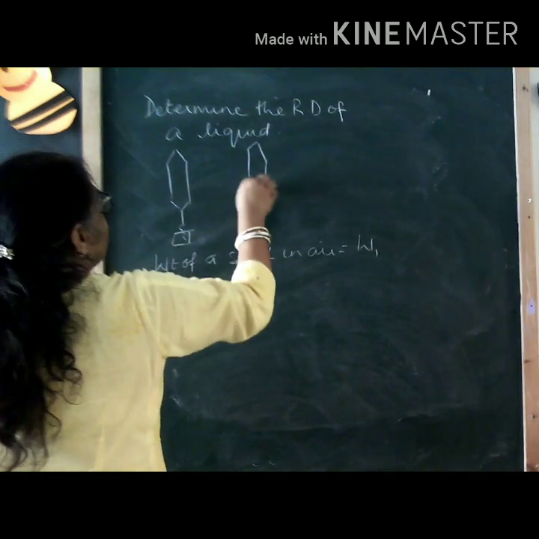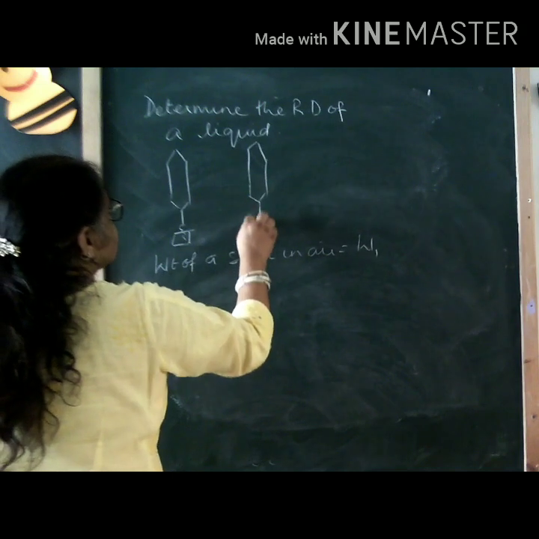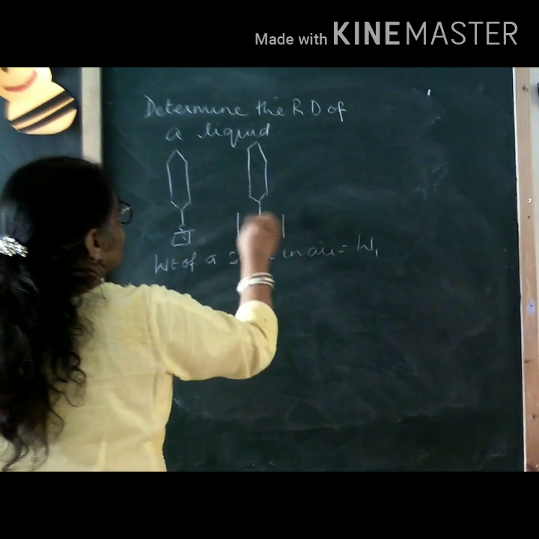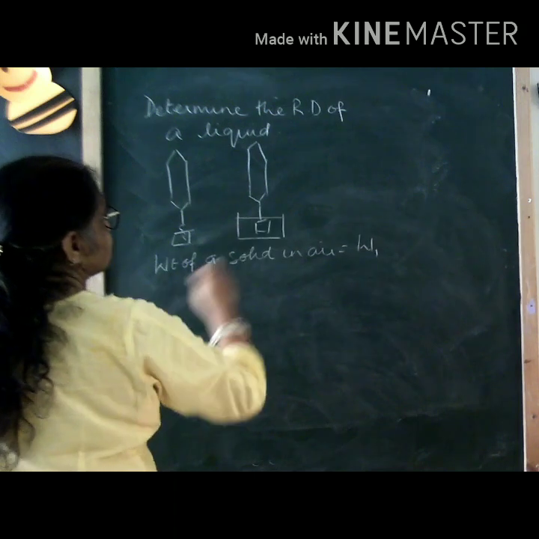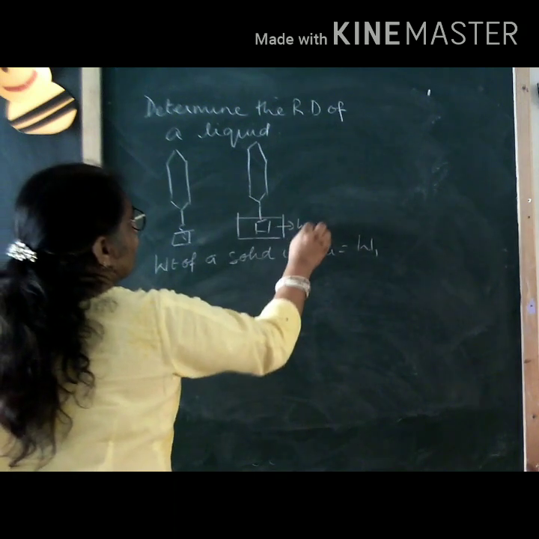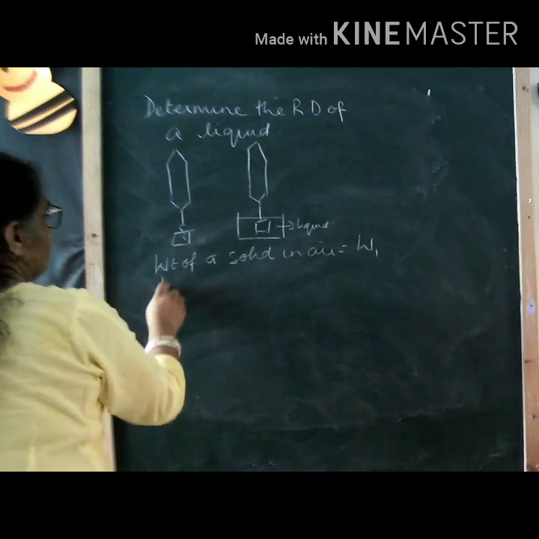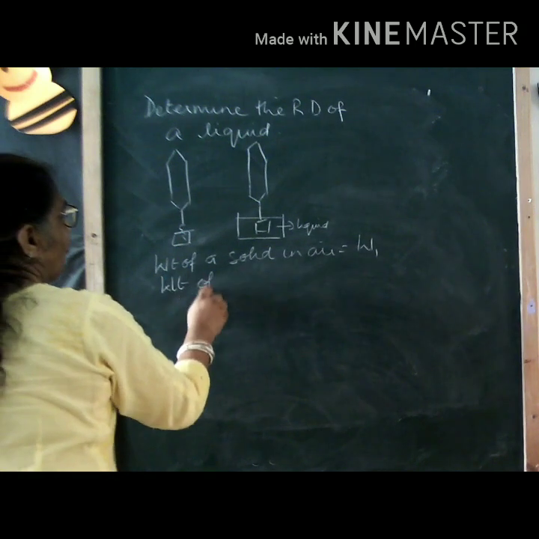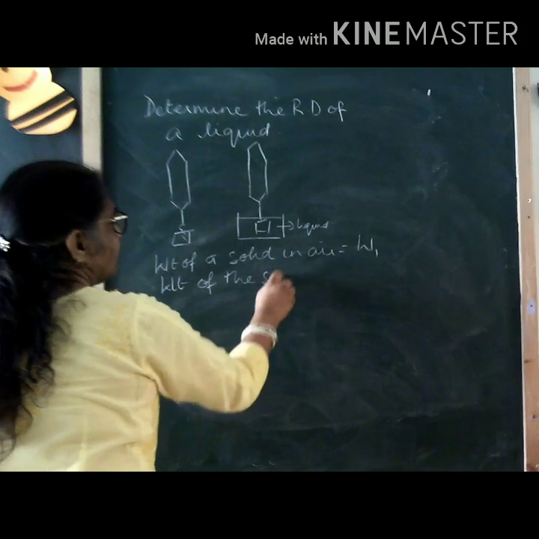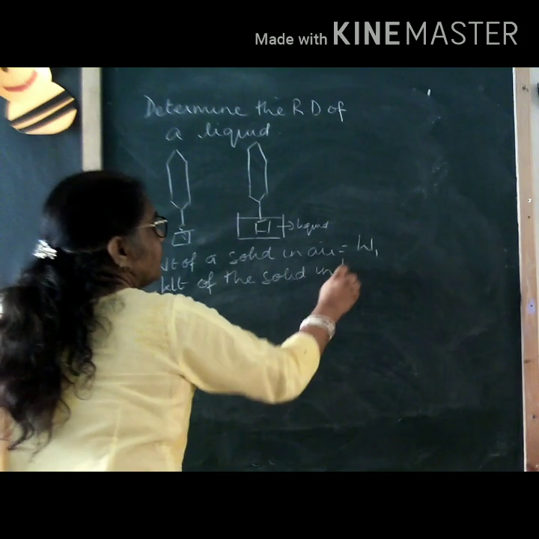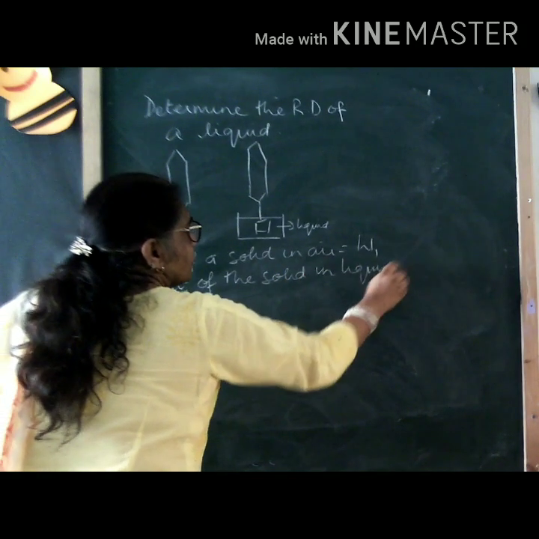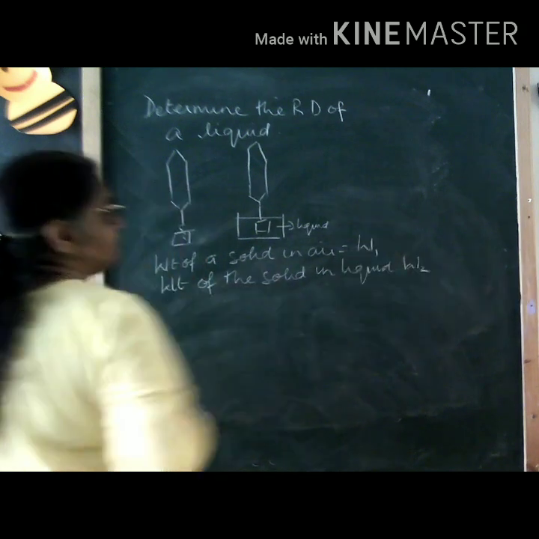Then I will take the liquid whose relative density I need to find. I will immerse this solid into that liquid. So now what do I get, children? I will get the weight of the solid in liquid. This is W2.